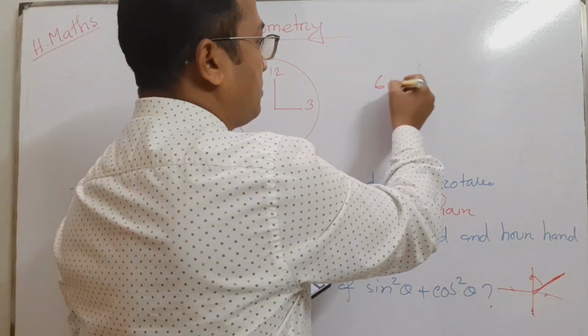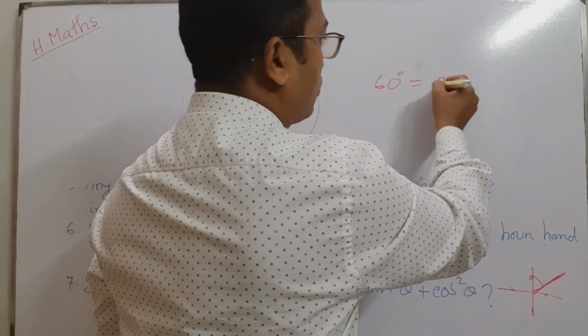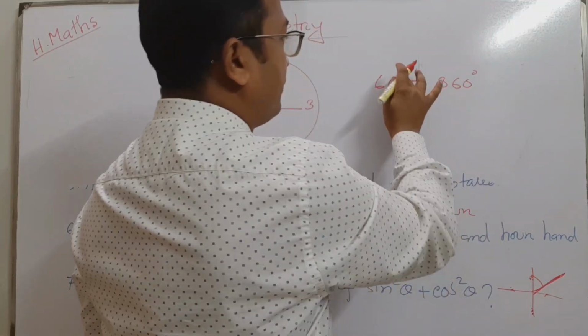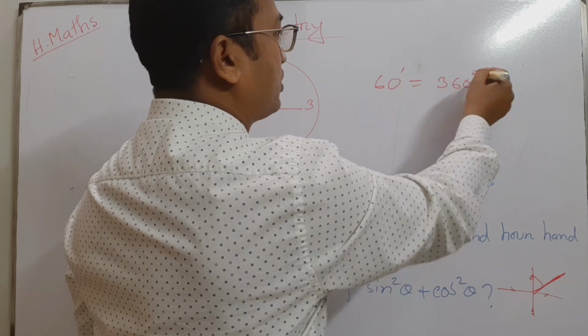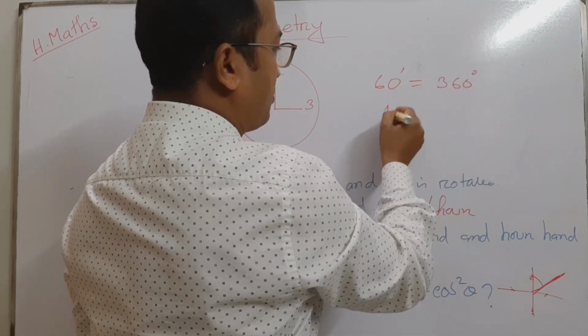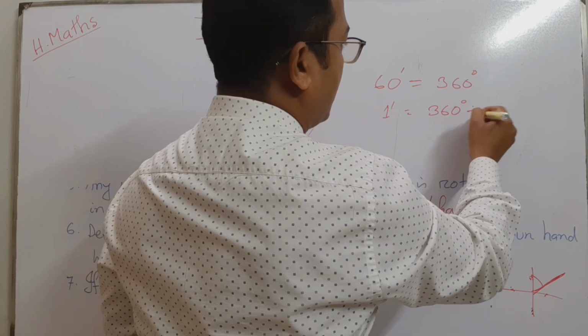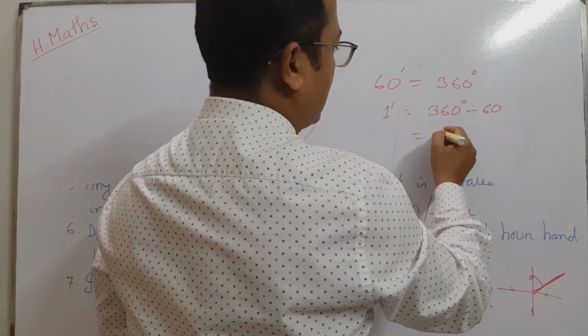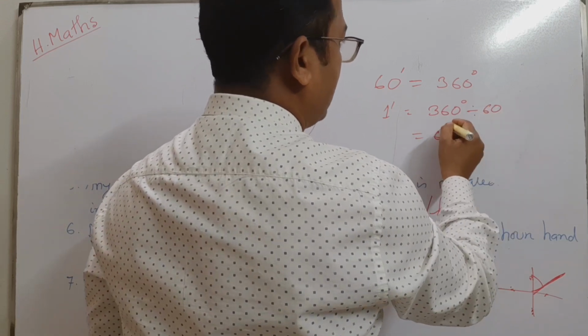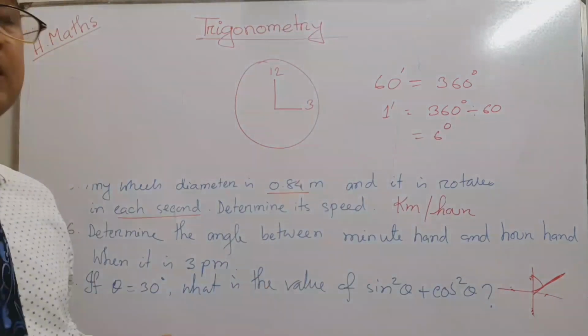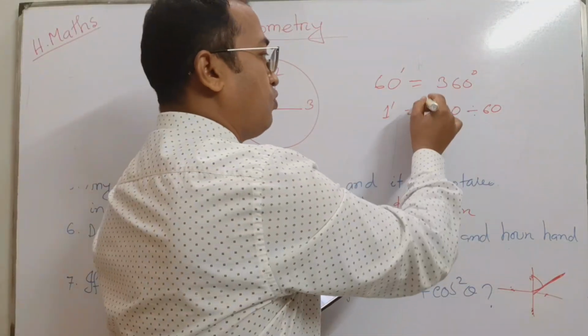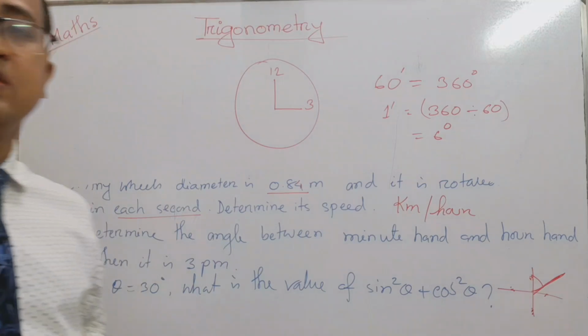So 60 minutes equal 360 degrees. So 1 minute is equal to 360 divided by 60, that is 6 degrees. 1 minute is equal to 6 degrees.